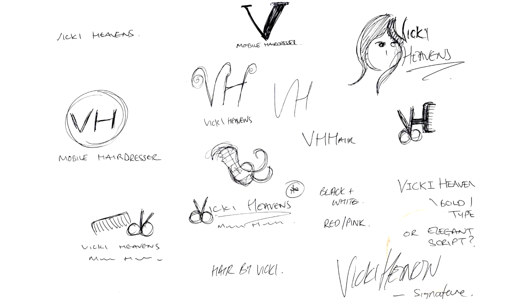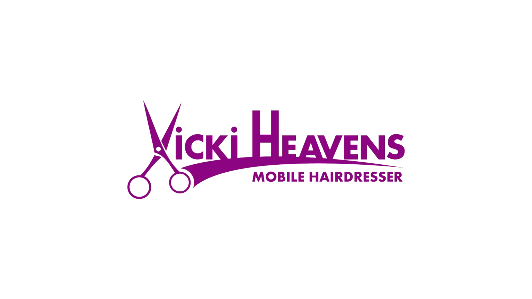And it didn't instantly come to me, this idea of using the scissors for the V. I just pictured to start with some really elegant typefaces, just using the V or perhaps the V and the H, to keep it quite short and quite professional looking. But in the early stages, Vicky was keen to get her personality across.